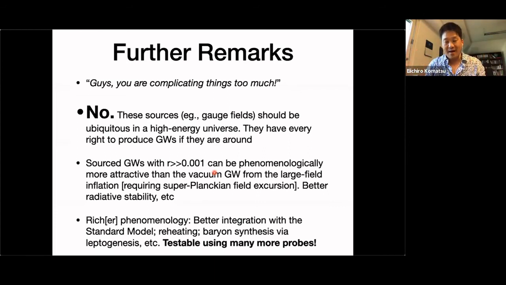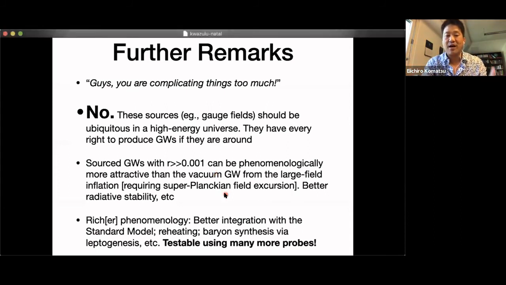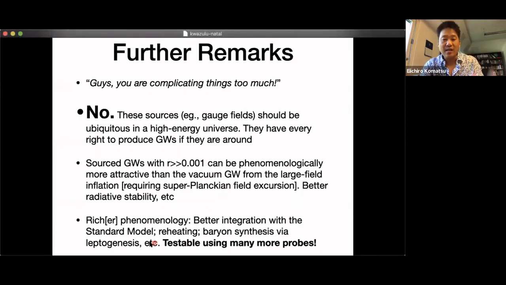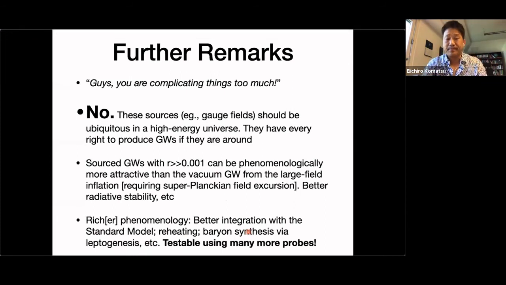If they are there, they have every right to produce gravitational waves. And then this can really lead to rich phenomenology. You can now suddenly connect CMB B-mode polarization with standard model physics, reheating, baryogenesis, leptogenesis, and so on. So it's a much richer system.